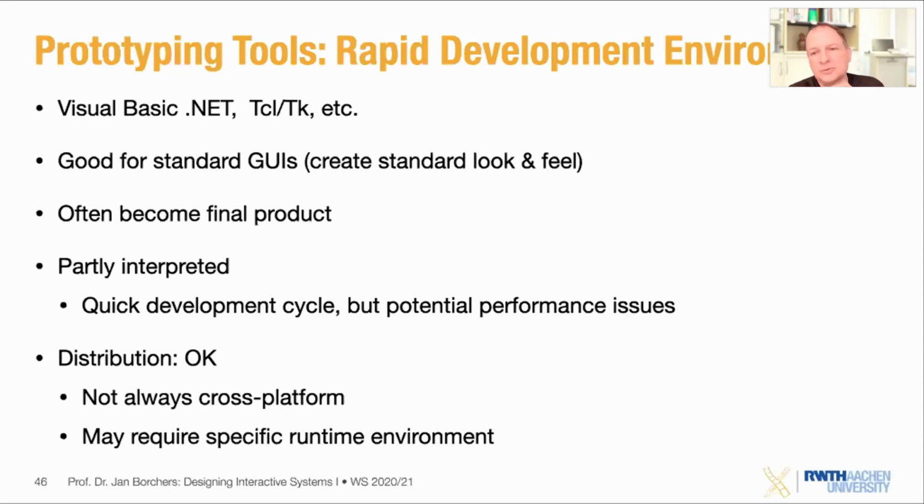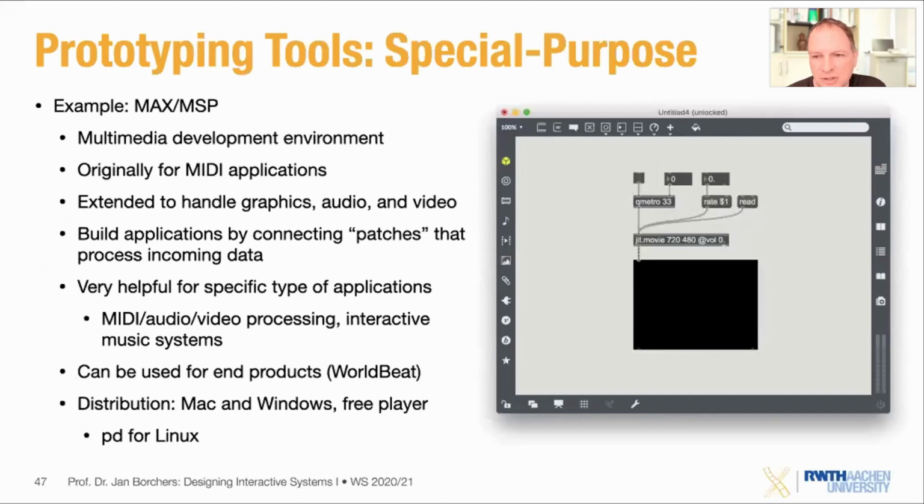So far, we've looked at prototyping tools for more non-standard UIs, like games, immersive applications, things that don't use your standard tools and buttons, and we've looked at things that use the standard GUI toolkits, like Visual Basic.NET, for example. Sometimes you also have a very special purpose area. For example, in the area of multimedia processing.